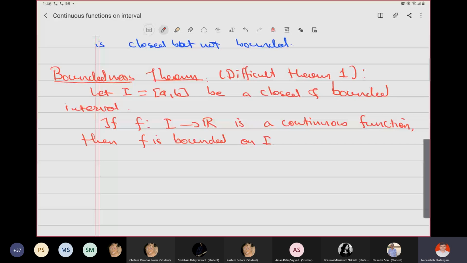Right. So a continuous function on a closed and bounded interval is bounded.